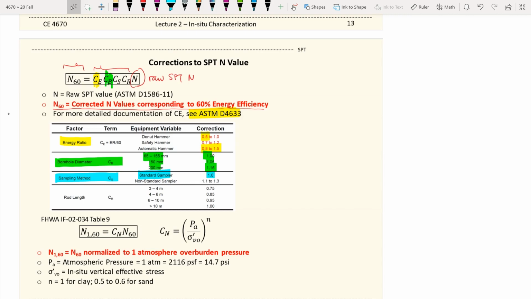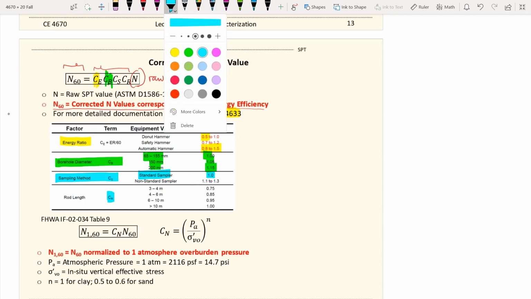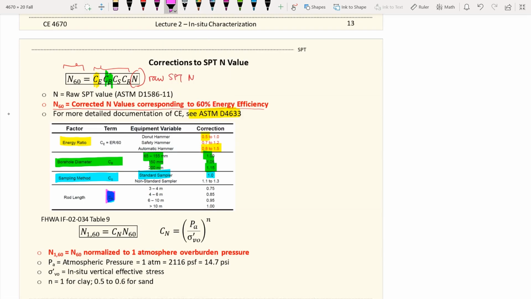So different countries or different companies or different types of equipment may have a little bit of a difference in setup. Then based on the rod length, we also need to correct for the factors. So there's the C sub R right there.